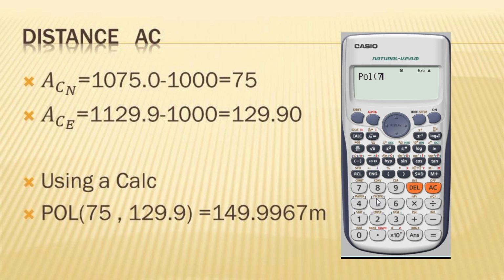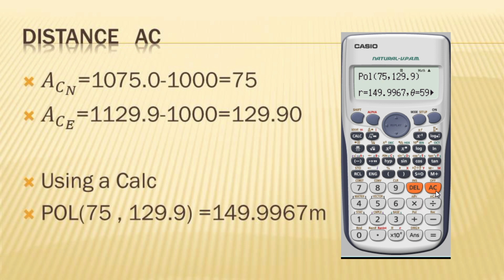Make sure you put the brackets with the comma, then you close the bracket and press the equal sign. It will give you the first reading, which will be the distance, and then the second will be the bearing. But here we don't need those bearings, we are interested in the distance.